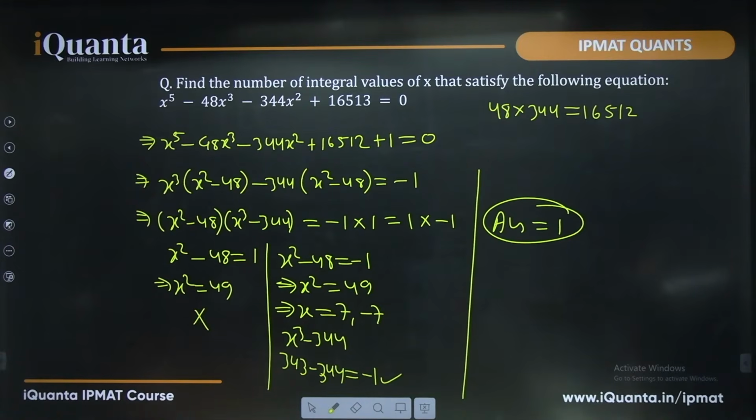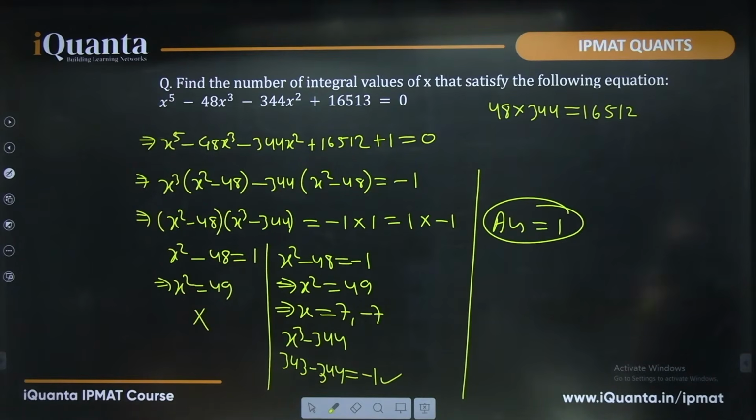Clear? Okay guys? Is this clear to everyone? Why not 49 integer solutions? Why, Garv? Why do you think 49 integer solutions?